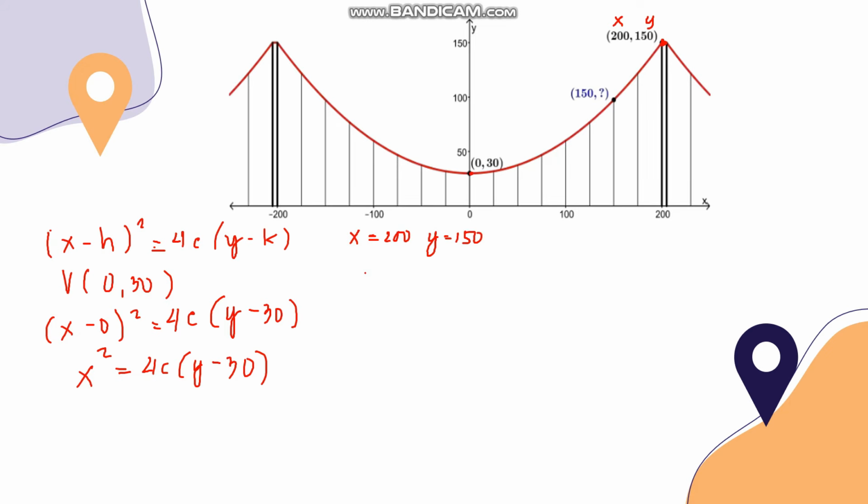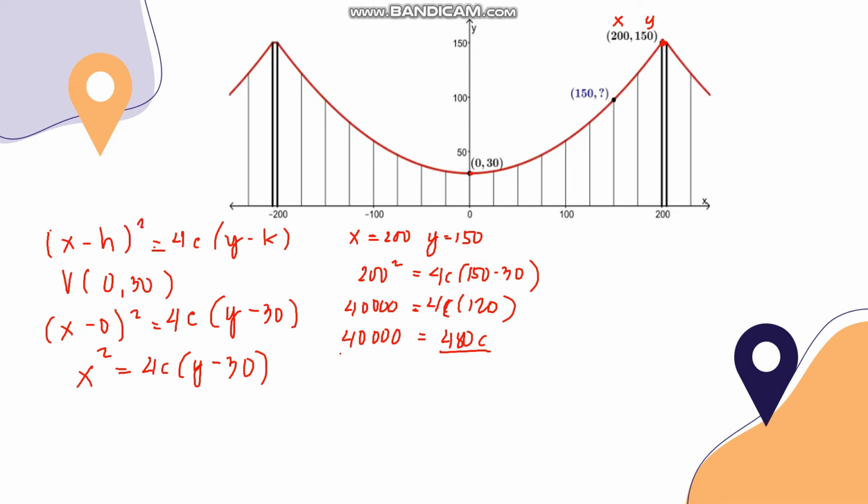So we have x squared, so 200 squared, equals 4c times (150 − 30). Simplify this. We have 40,000 equals 4c times 120, and then 40,000 equals 480c.